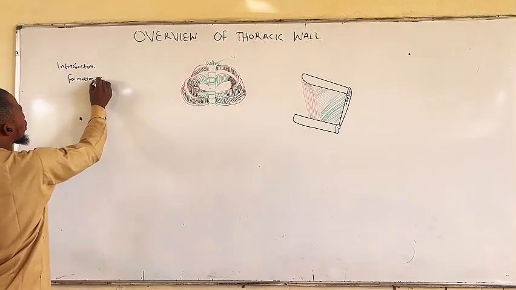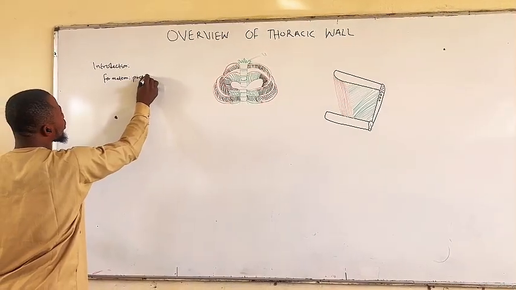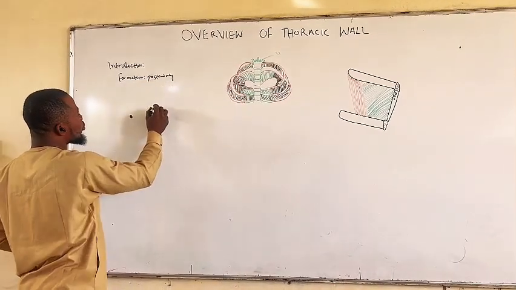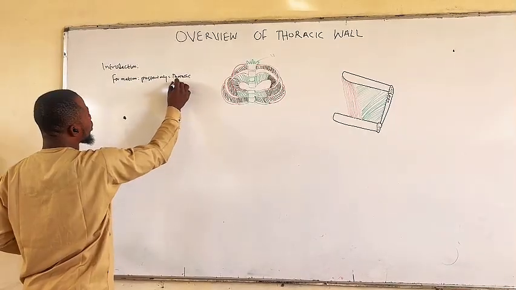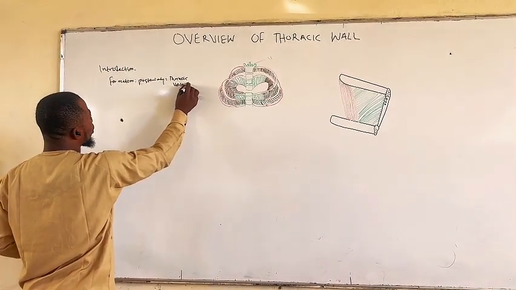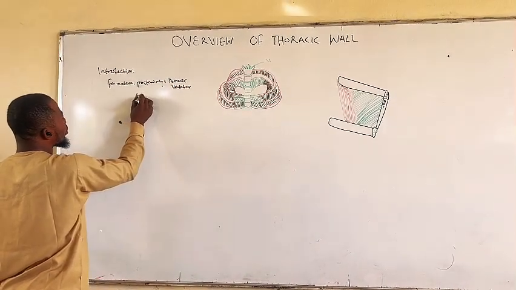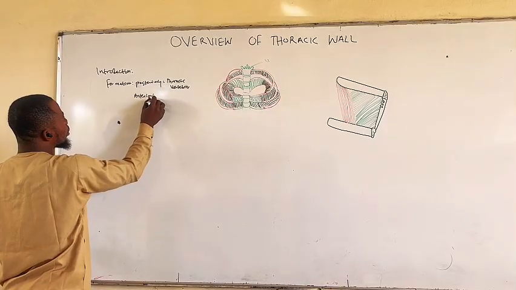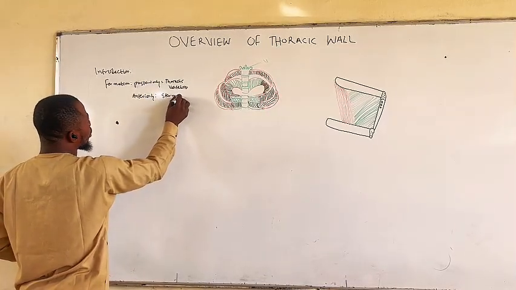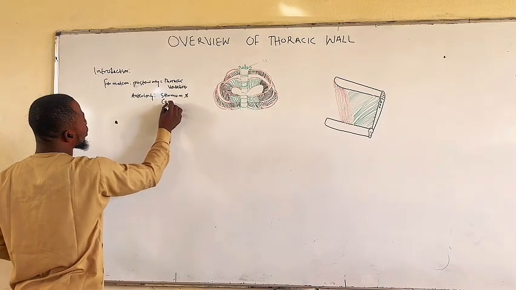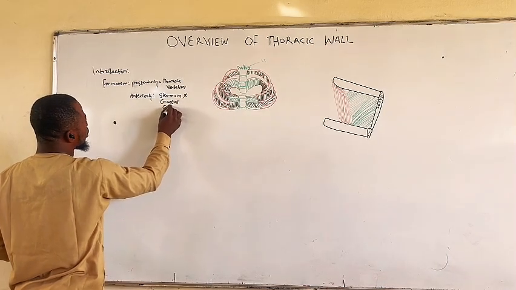We said posteriorly, the thoracic wall is formed by the thoracic vertebra. Anteriorly, it is formed by the sternum and costal cartilage.